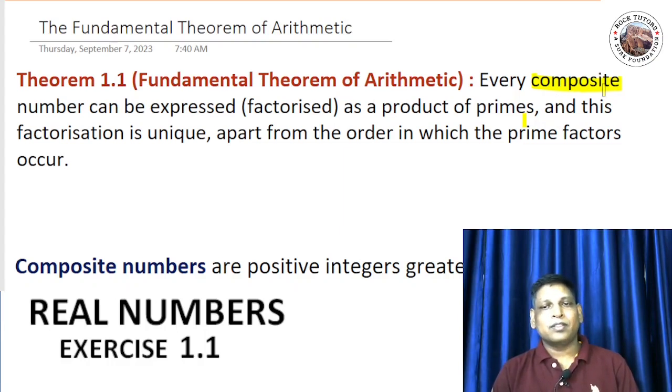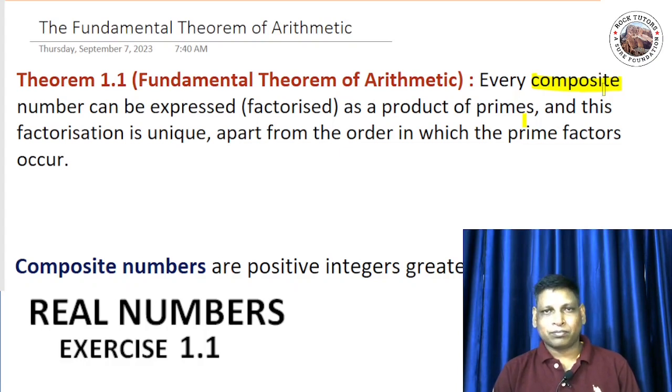We have two types of numbers, prime numbers and composite numbers. What do prime numbers mean? Prime numbers are those numbers which have only two factors, one and the number itself. And the numbers which have more than two factors are called composite numbers.